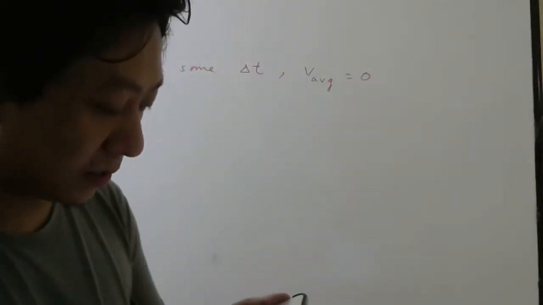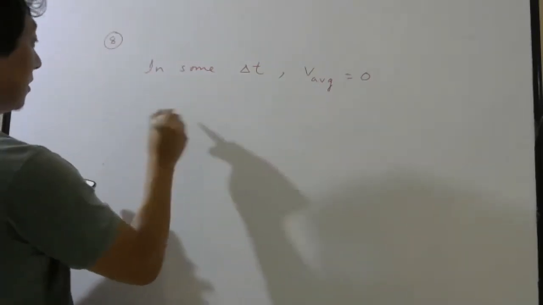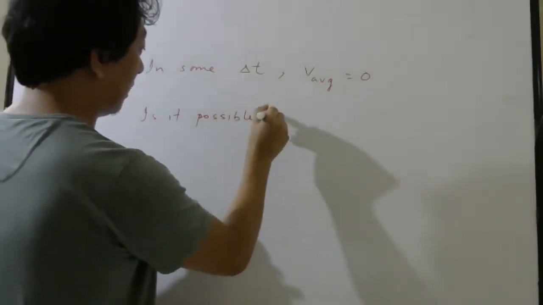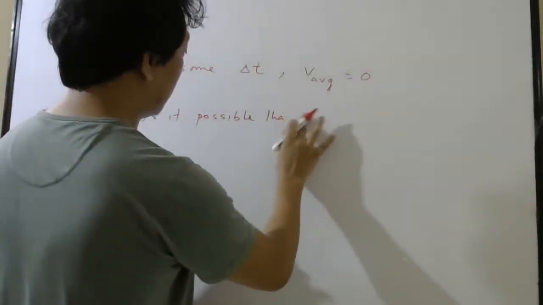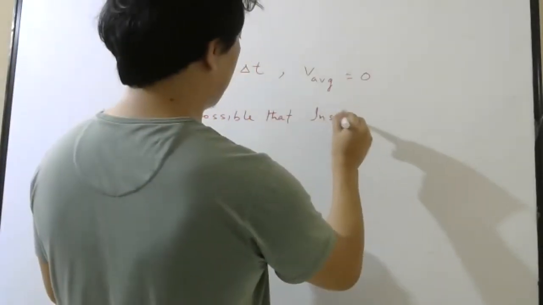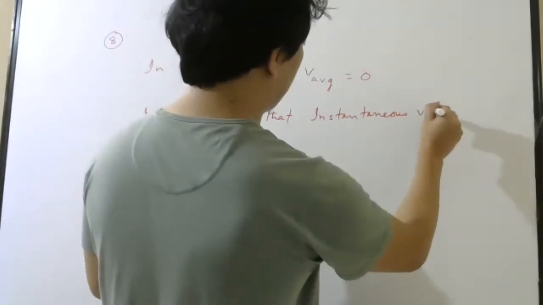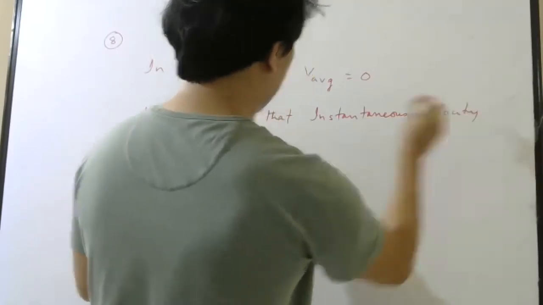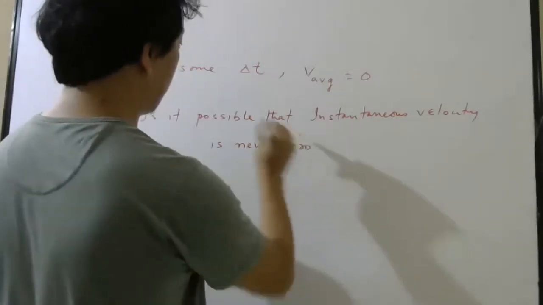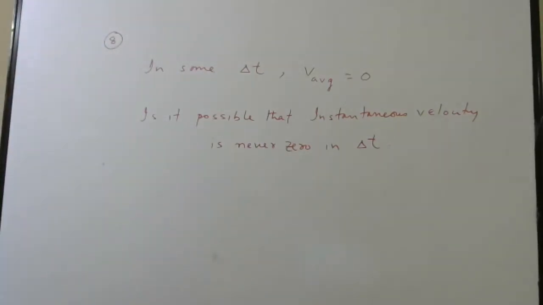Is it possible that instantaneous velocity is never 0 in this interval? Okay, so is it possible, they are saying.